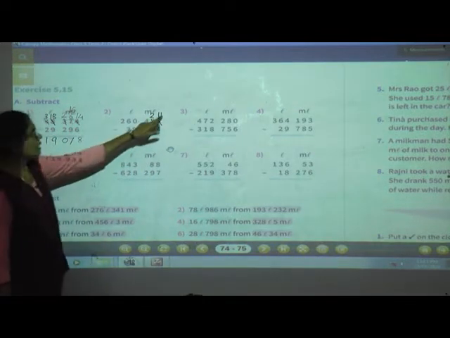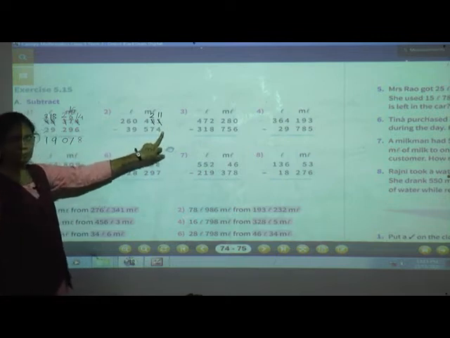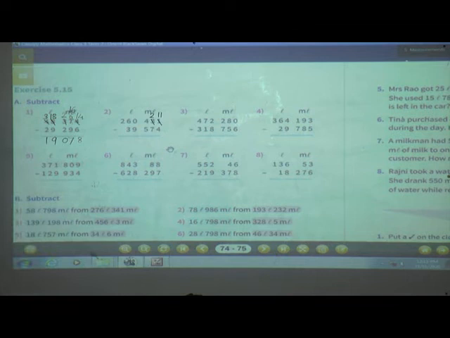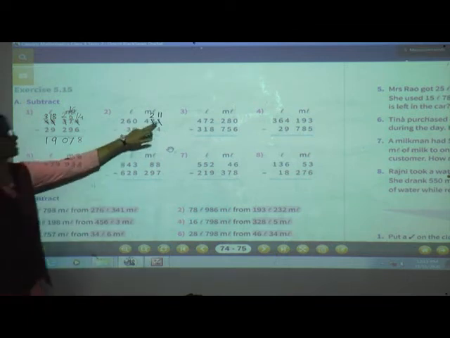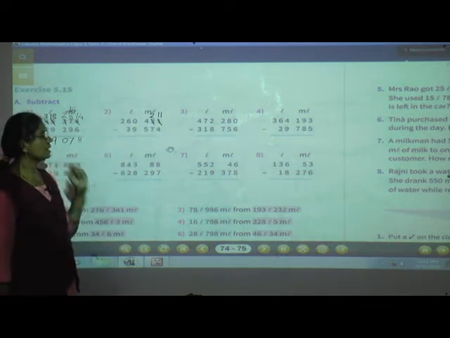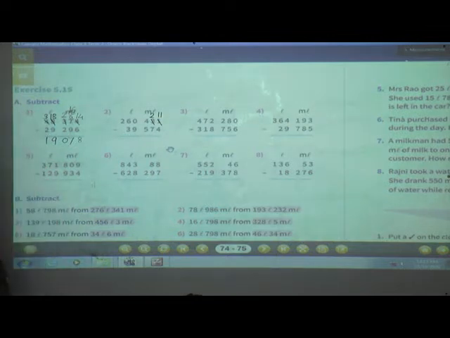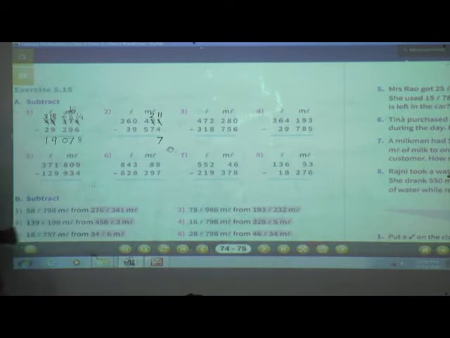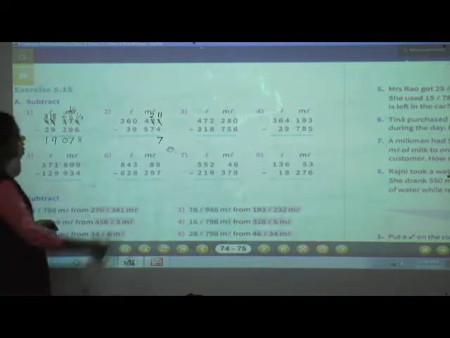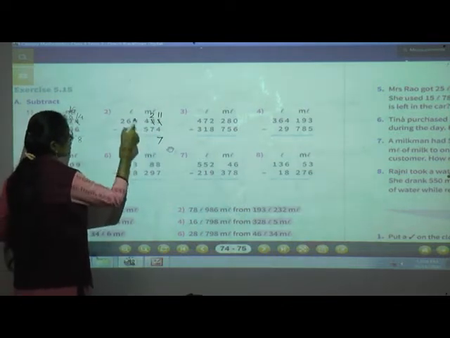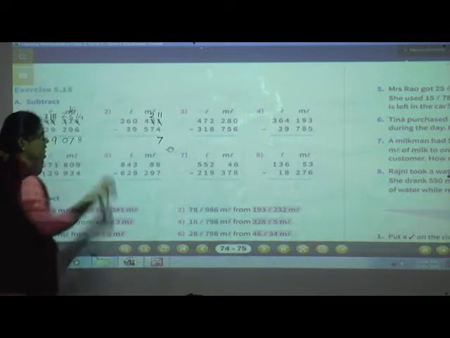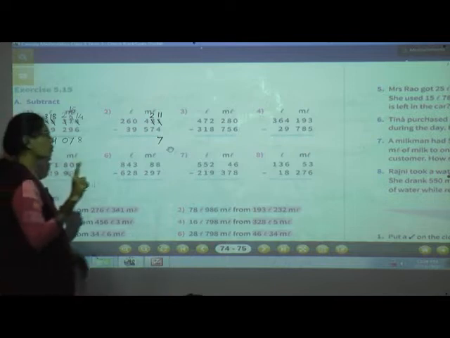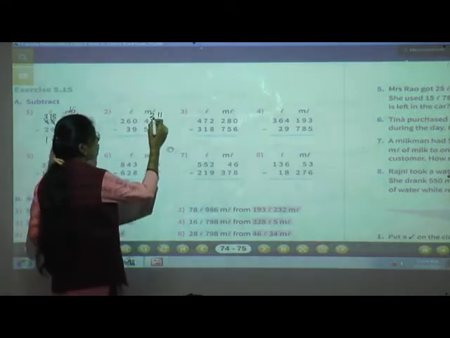Now 11 minus 4 you can do. Do the subtraction. After 4, count your fingers till 11. 11 minus 4 is equal to 7. Correct. So write here 7. Now see this column. Here 2 is there. Here 7 is there. 2 minus 7. Again 2 is smaller than 7, so we can't do it.